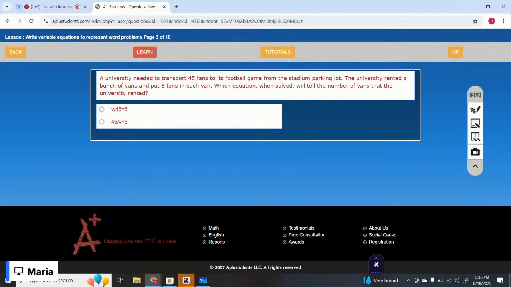A university needed to transport 45 fans to its football game from the stadium parking lot. The university rented a bunch of vans, with 5 fans in each van. Which equation, when solved, will tell the number of vans that the university rented?